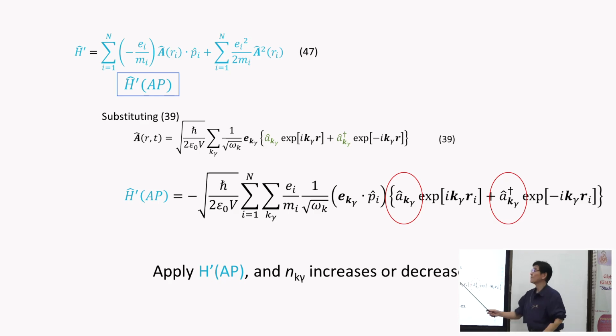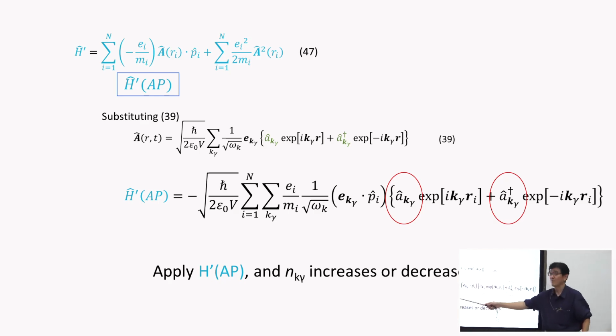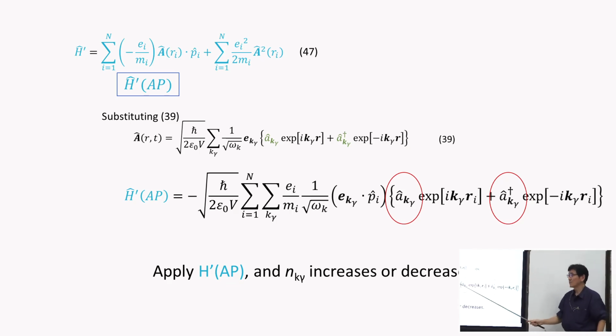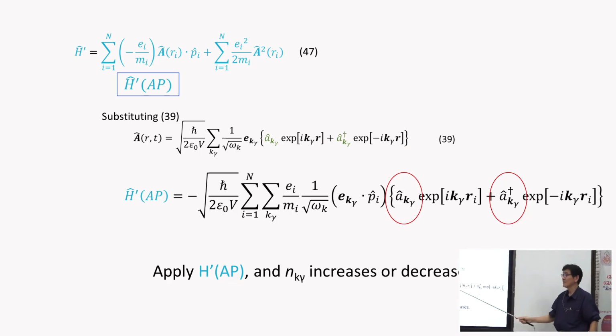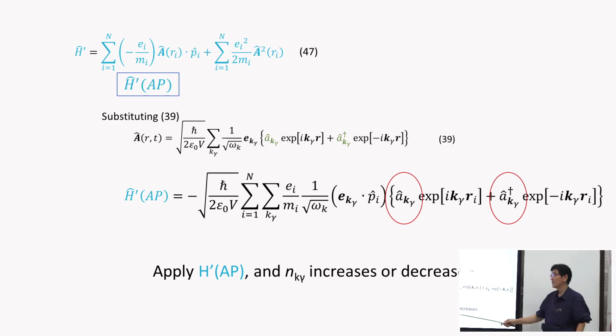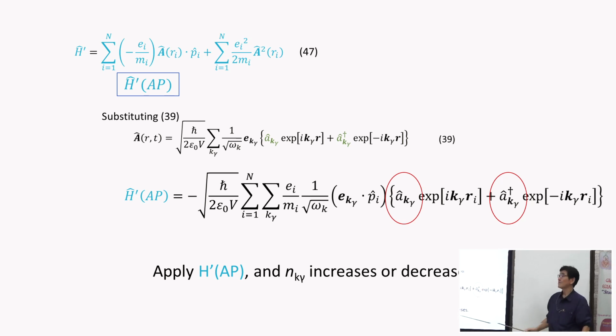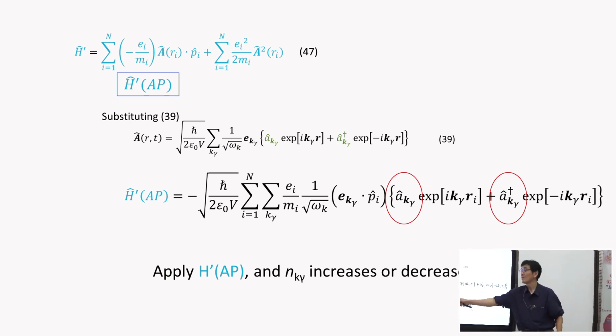So, as a consequence of the presence of the interaction Hamiltonian H prime A·P, the number of photons can increase or decrease depending on the optical process. Applying H prime A·P, the number of photons having the wave vector k and polarization gamma increases or decreases. So this is the effect of this term.